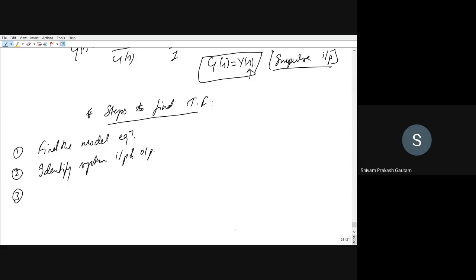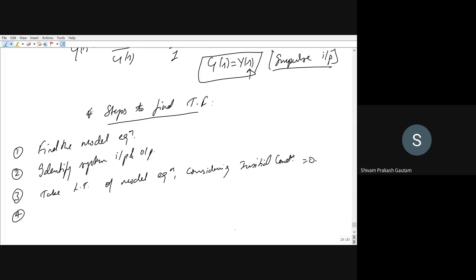Third step, take the Laplace transform of the model equation, considering initial condition to be 0. You have to take the Laplace transform considering initial condition to be 0.